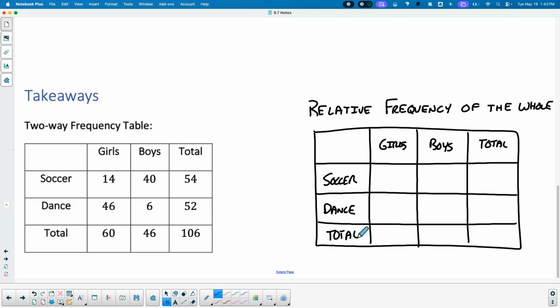Okay. What number are we dividing by now? Each cell. Bottom right corner, so we're dividing them all by 106. Fill in this chart now.